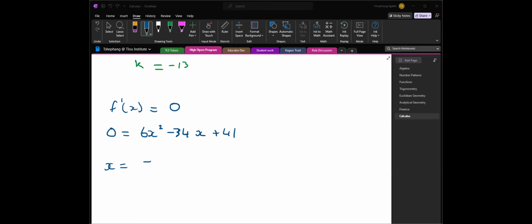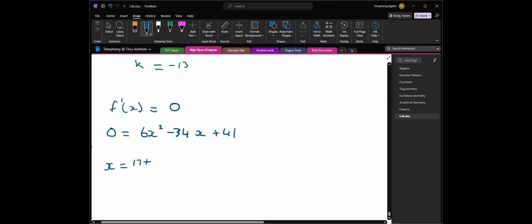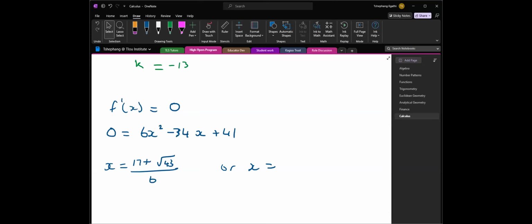My A value is 6, my B is minus 34, and my C is 41. So my x value is 17 plus or minus the root of 43, all over 6.